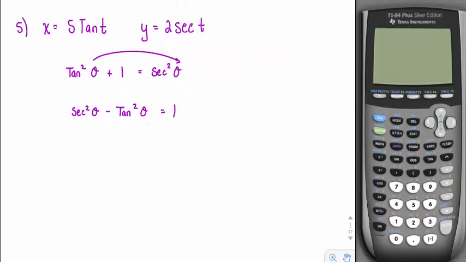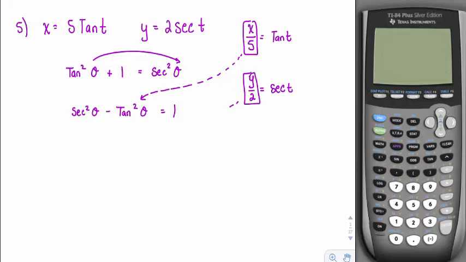So anyway, when we set this hyperbola up, we've got to look at these two functions. I'm going to start with the tangent one. If I solve that tangent equation for tangent of t, I get x over 5 equals tangent t. And the other one, I get y over 2 equals secant t. Again, we're going to substitute these values in for tangent and for secant.